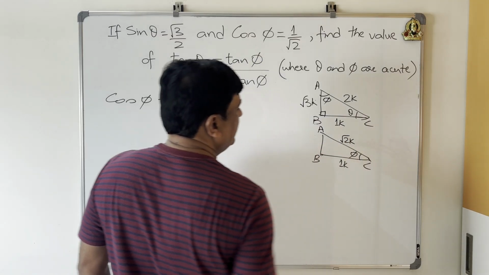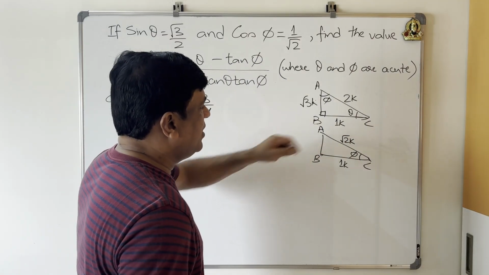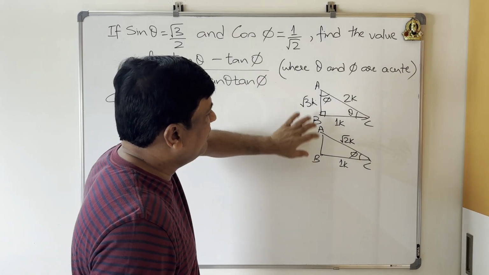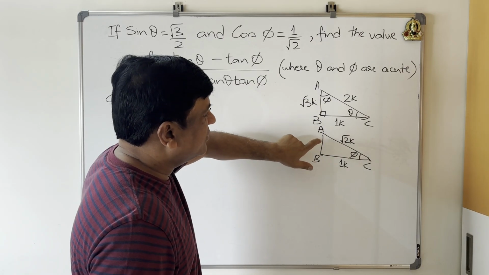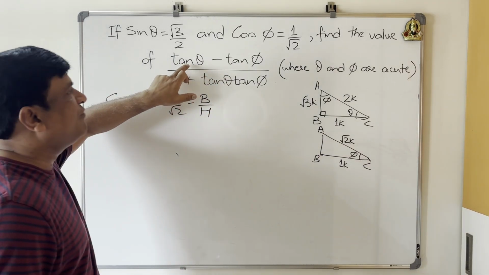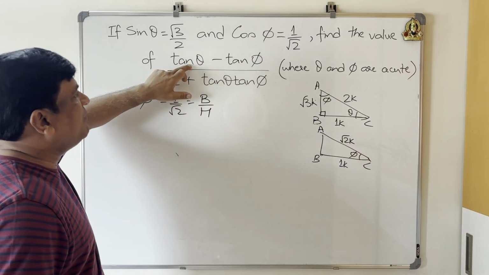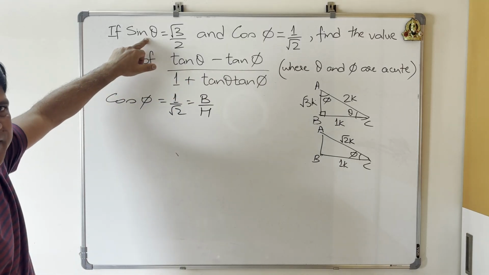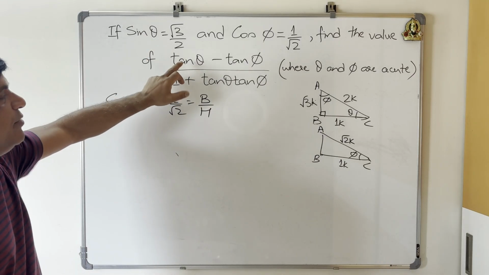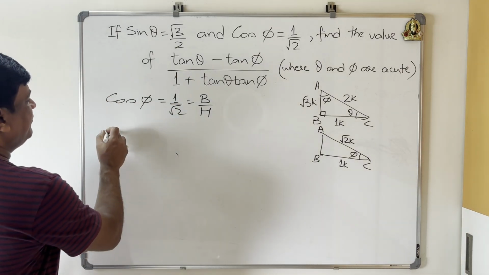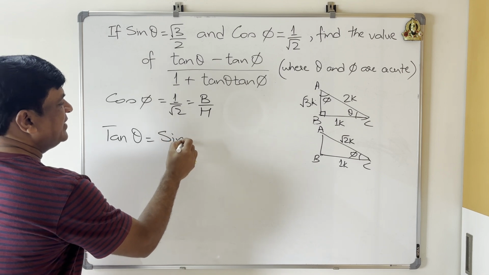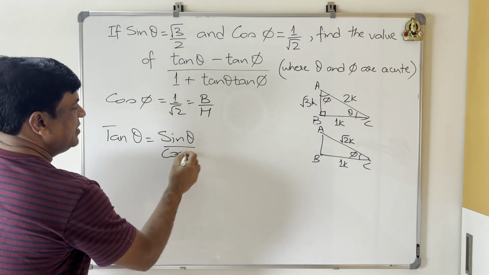What will be the value of your perpendicular over here? The reason I'm finding the third side is that you need to find the value of tan theta. I already have sine theta, I need cos theta, because tan theta is sine theta by cos theta.